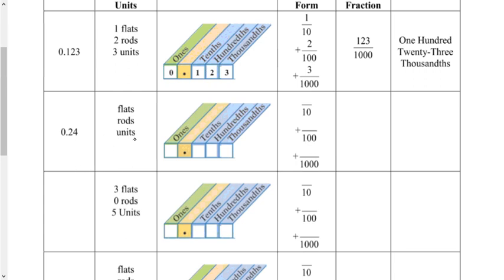Okay. So if I've got 2 flats, right? 2 flats, 4 rods, 0 units. I have 0 ones. I have 2 tenths. I have 4 hundredths, and I have 0 thousandths. Now, for the most part, I told you before, these are the same.